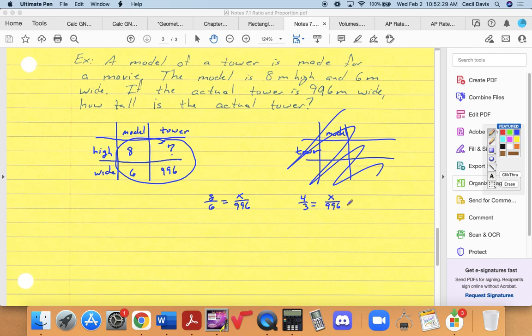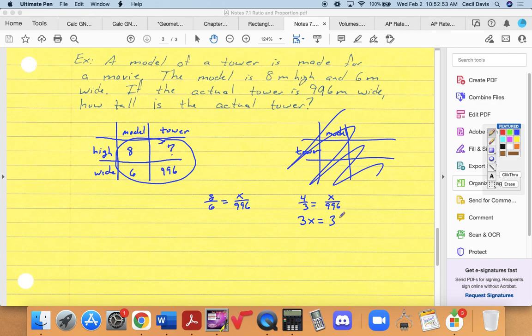It's not horrible. If we multiply across, we're going to get 3x equals 996 times 4. I'm just doing 4,116. So yeah, it's going to be 4,000 minus 16.